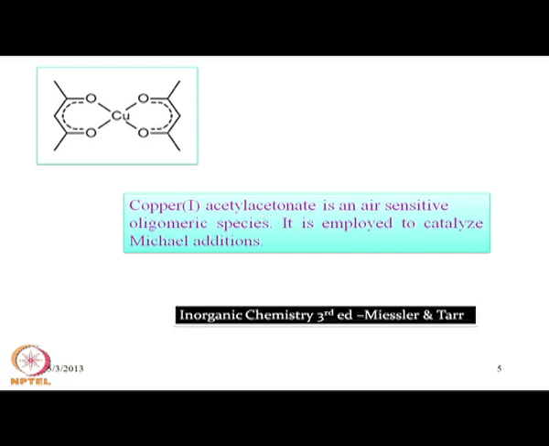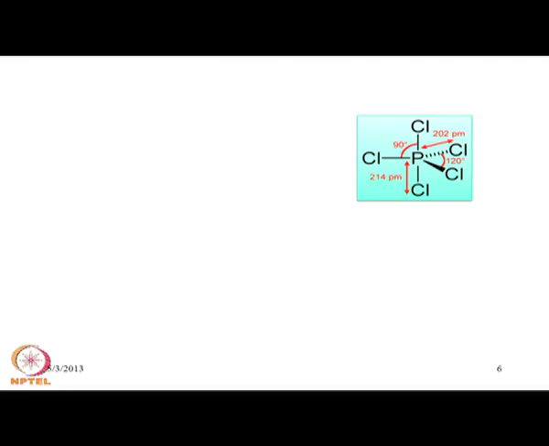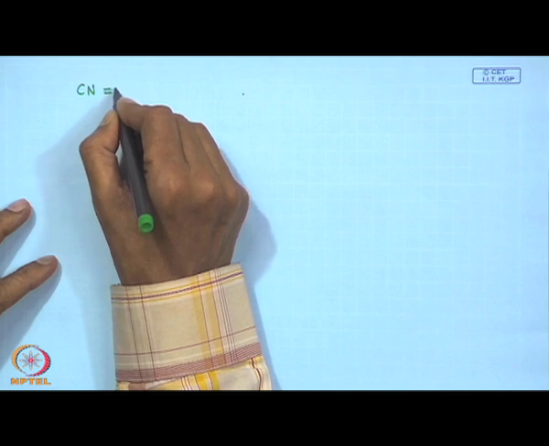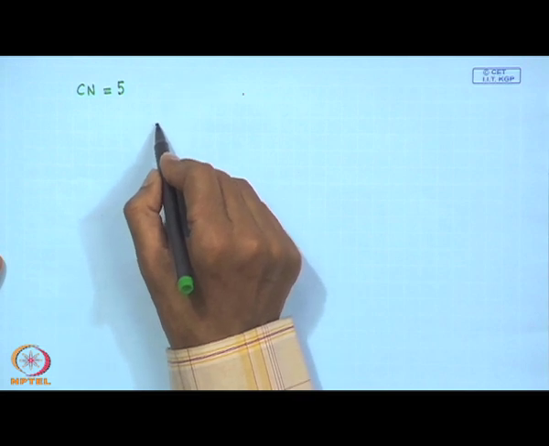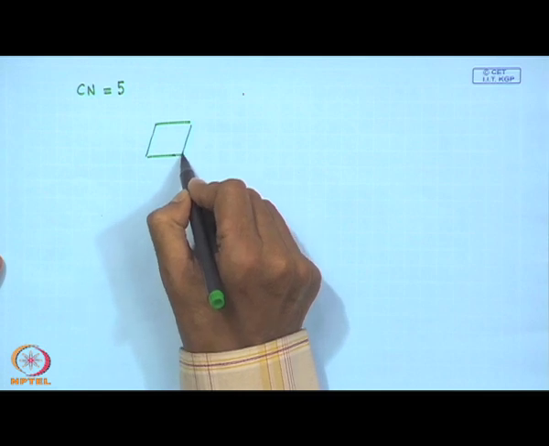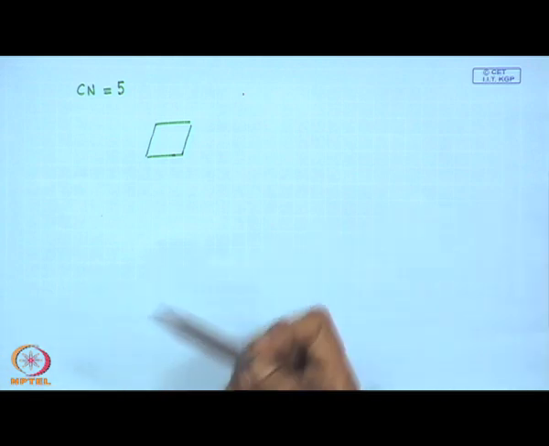Some of this information and all these geometries are available in the inorganic chemistry book by Messler and Tarr. Next, we can move on to a coordination number of 5. Going from coordination number 4 to 5, we take the basic geometry, the square planar one.